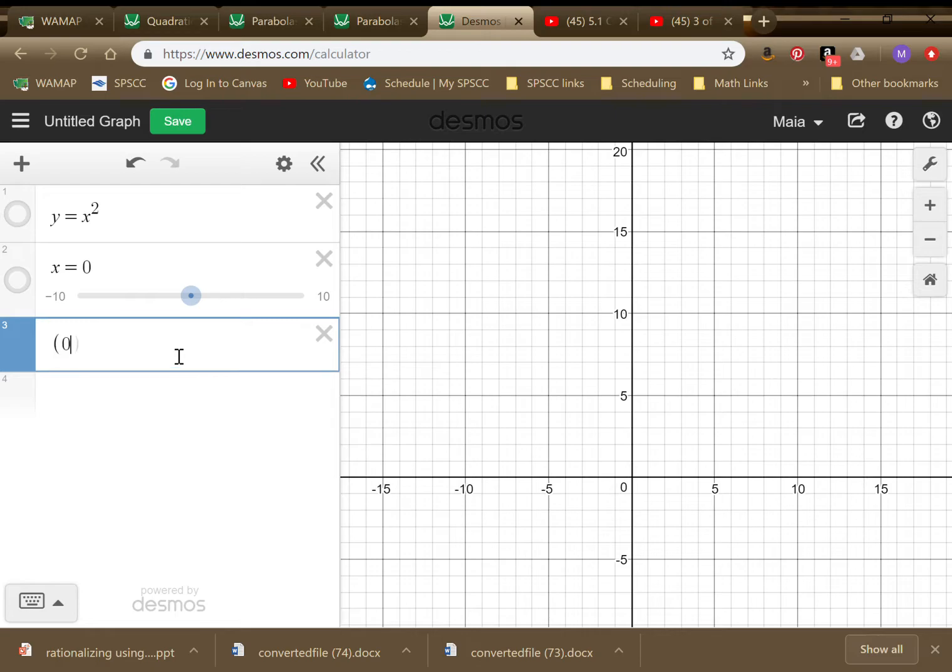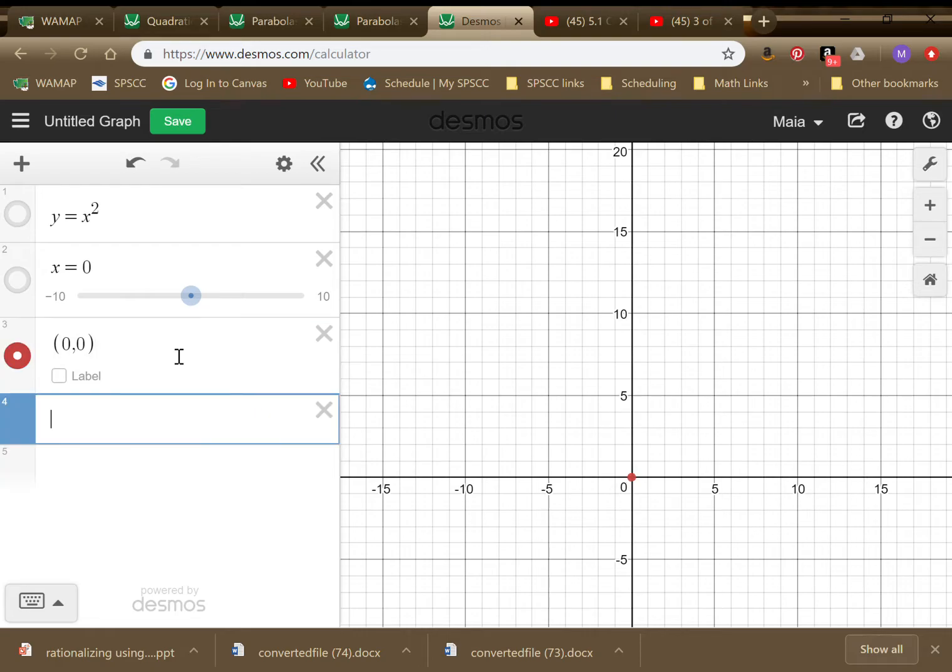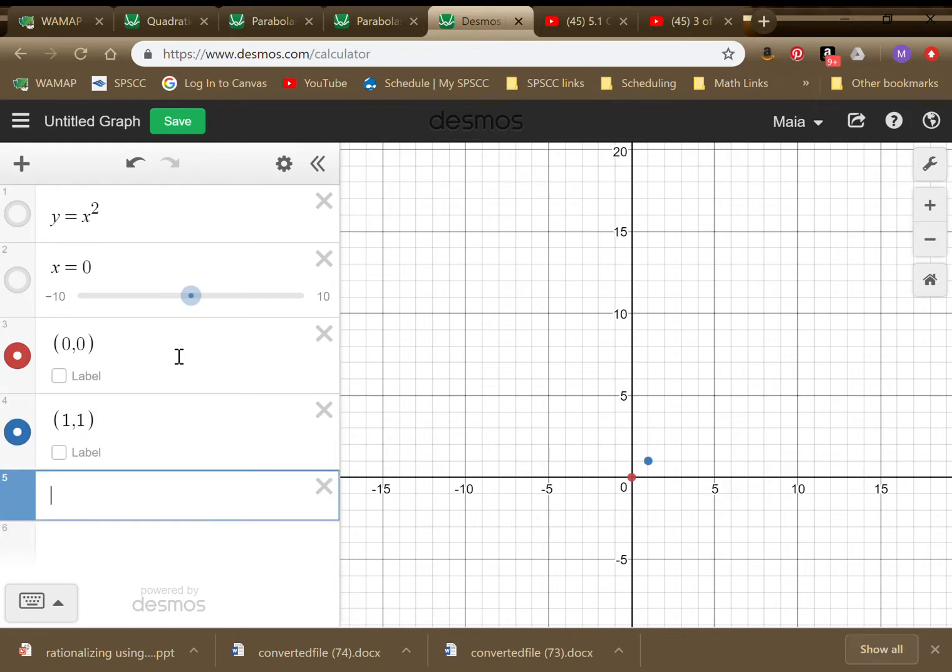So if we let x be 0, the formula tells us that y is always the square of x. So we would just square that to get 0, which means the graph has to go through 0, 0. If x is 1, 1 squared is still 1, so the graph goes through 1, 1. So again, every xy pair that makes the original equation y equals x squared true is on the graph.